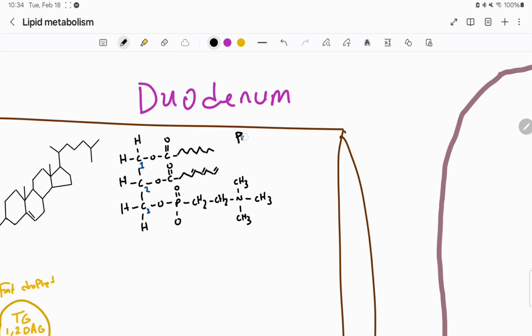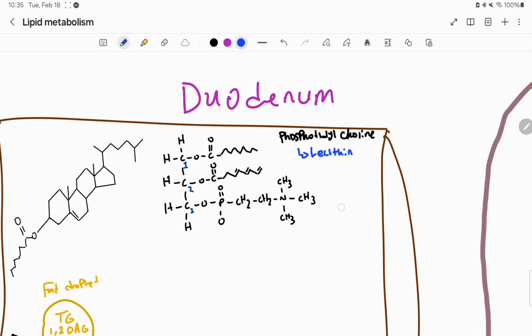It's called phosphatidylcholine, and if you remember from the previous video, we called it by a specific name: lecithin. So this right here is a phospholipid called lecithin, and right here is the choline group. Now, what specific enzymes are going to act on these guys?